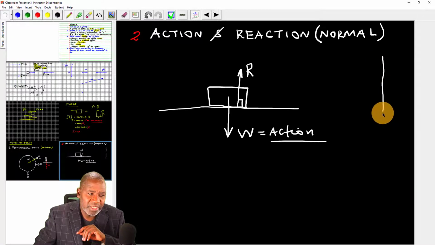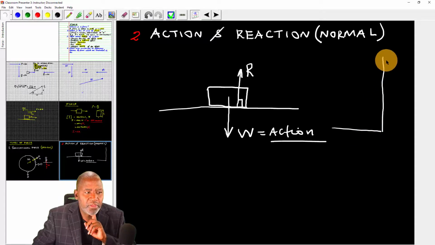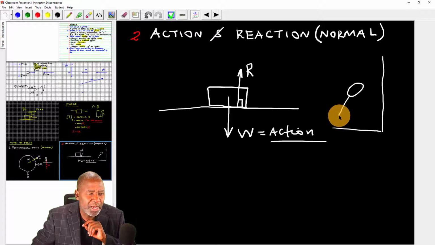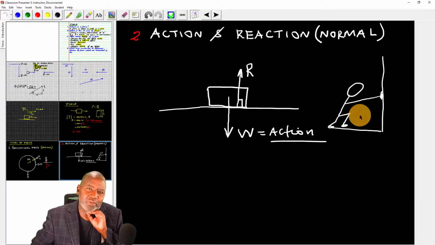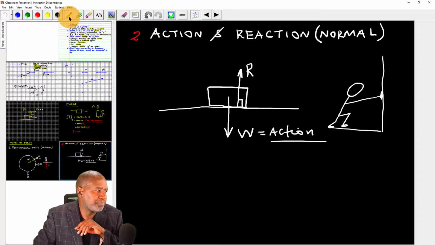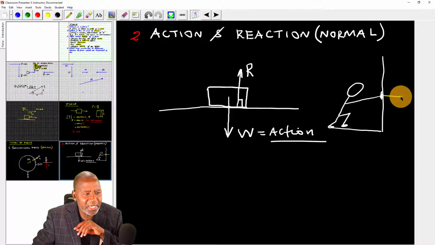Another one would be something like this. Imagine this is the wall, and you push the wall. Think about a simple diagram like that one. You are pushing the wall. The amount of force that you exert on the wall will be the action.